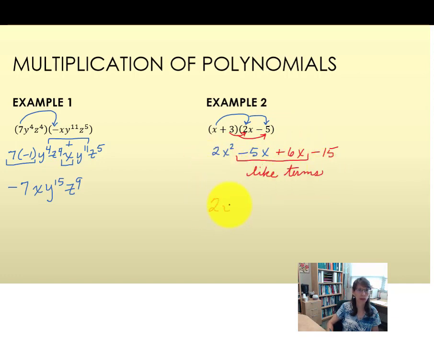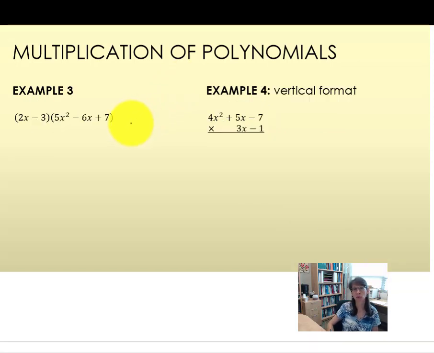So I have 2x squared as my first term. -5 plus 6 leaves +x, and the last term is -15. So when I multiplied those binomials, I ended up with 3 terms for my polynomial answer.